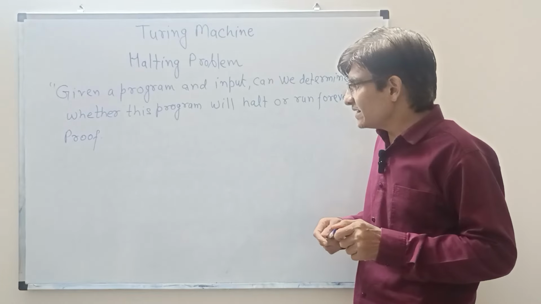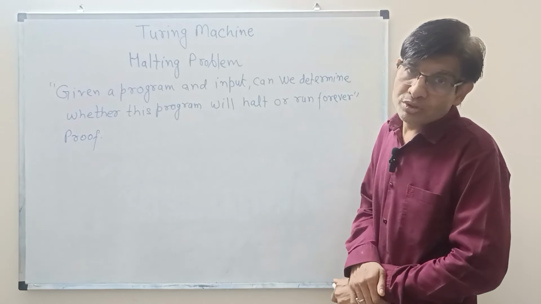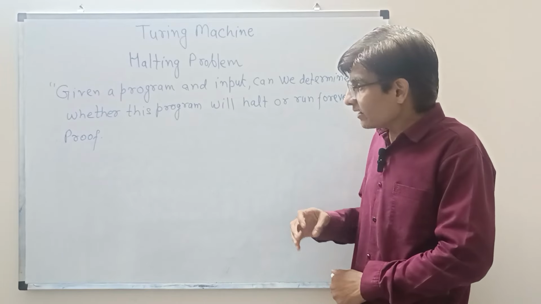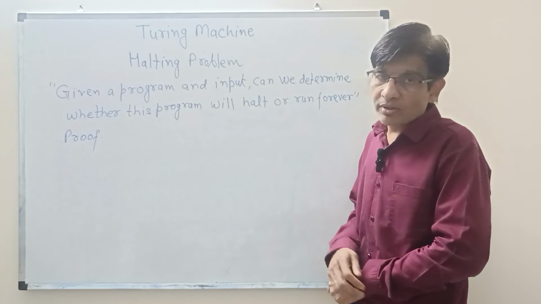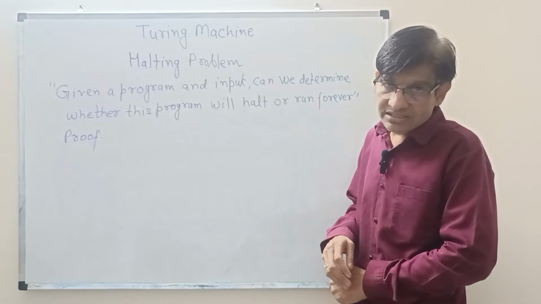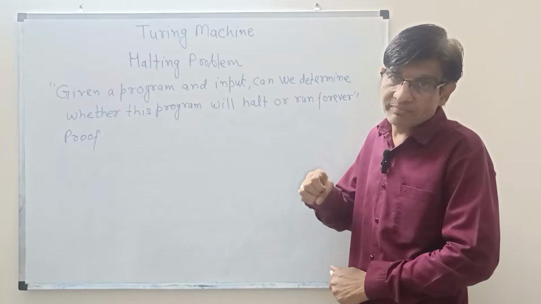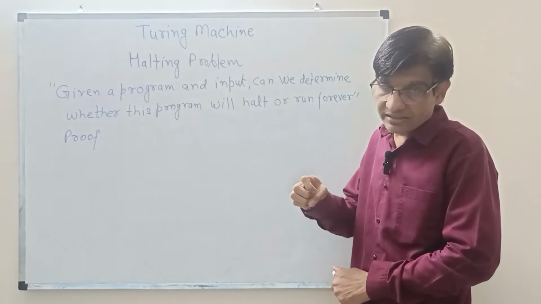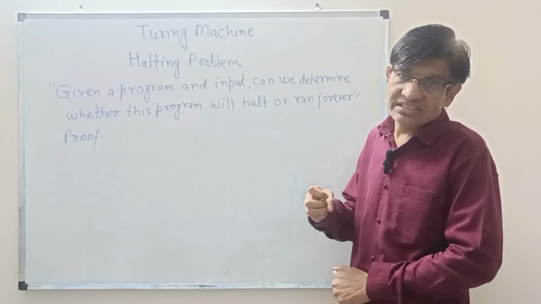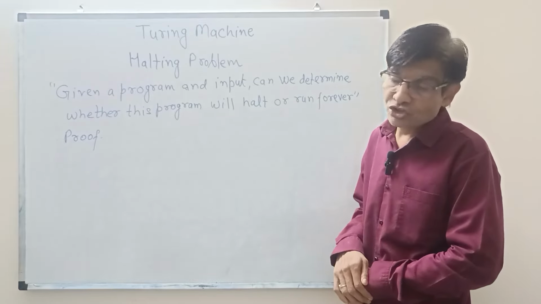Undecidable problem means no Turing machine exists for this particular problem. And if the halting problem is undecidable, that means no Turing machine can predict perfectly, for any particular input, whether the machine will halt or not.